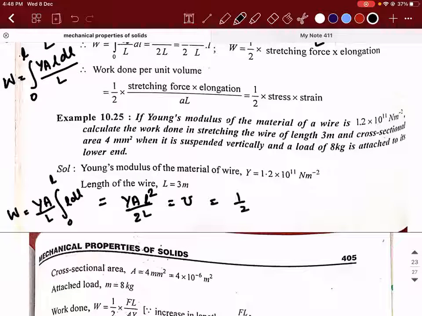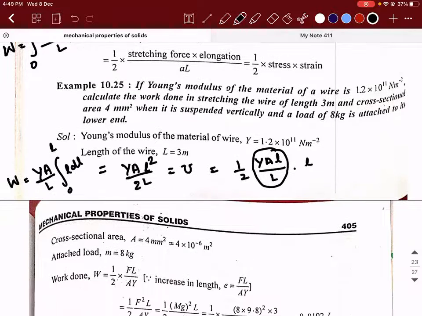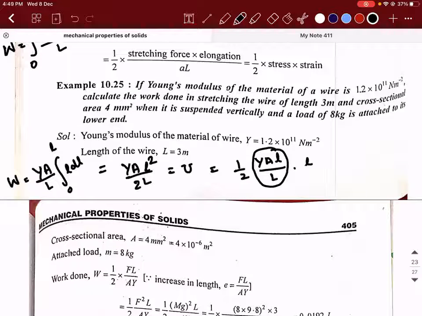Okay, so this will be half into Y A into l divided by capital L into small l. Can I write it like this? Now this Y A into l divided by capital L, what is this? This is the stretching force.